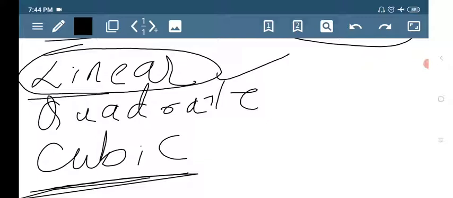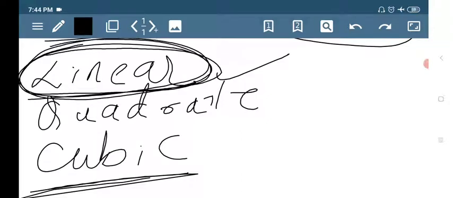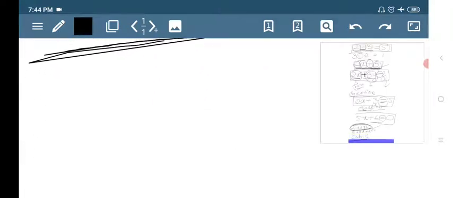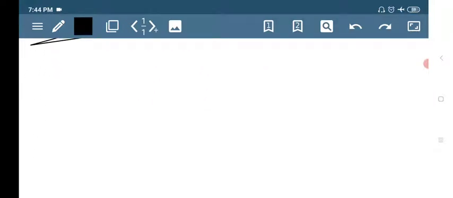So with this word linear, let us understand what a linear equation is.